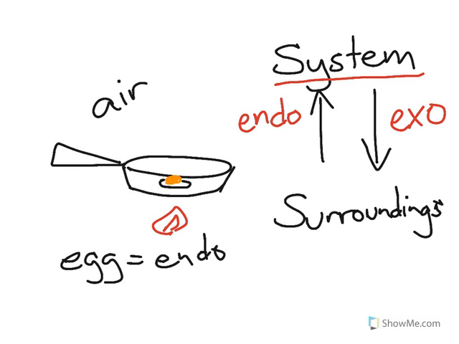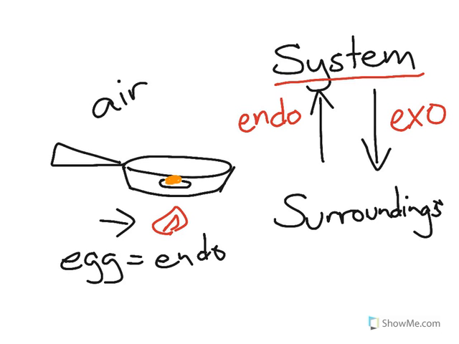Now, let's ask the question. Of all the components that I've actually drawn over here on the little whiteboard, in what situation would it be exothermic? Well, the only possible way that that could be would be if the fire ends up becoming the system.